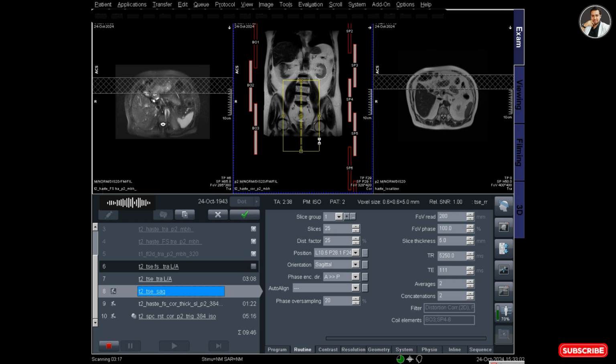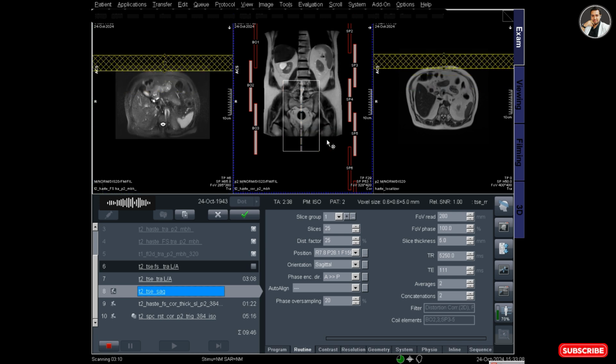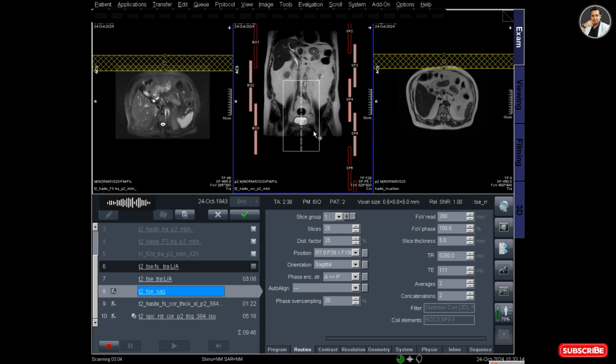So I will take a normal T2 sagittal turbo spin echo for the pelvis, because it will give me a high resolution sagittal image of the pelvis, because I have seen a mass in the urinary bladder. So I want to take the proper T2 sagittal image in the pelvic area.